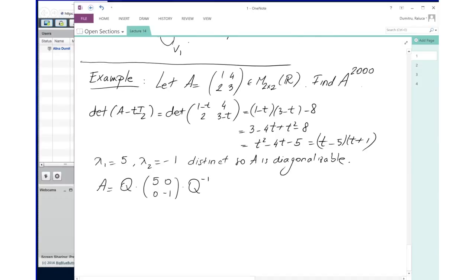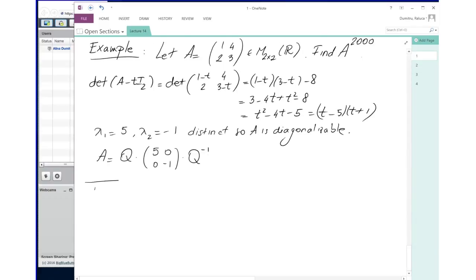So we need to find the eigenvectors for each. I'm going to look into E lambda 1, the null space of A minus 5 identity. -4, 4, 2, -2, times x1, x2 equals 0, 0.